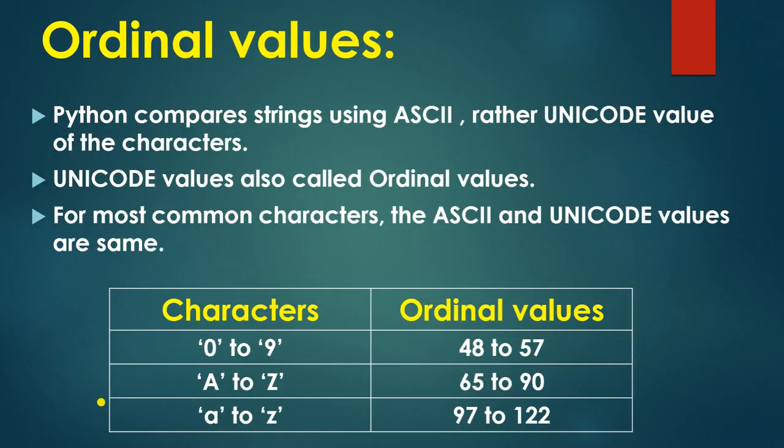Now next topic is your ordinal value. Python compares strings using ASCII, rather Unicode value of the character. Unicode value is also called the ordinal value. For most common characters, ASCII and Unicode values are the same. For the characters 0 to 9, ordinal values are 48 to 57.